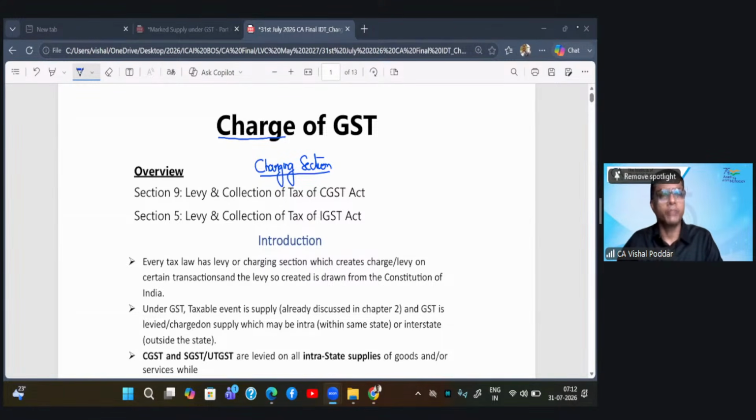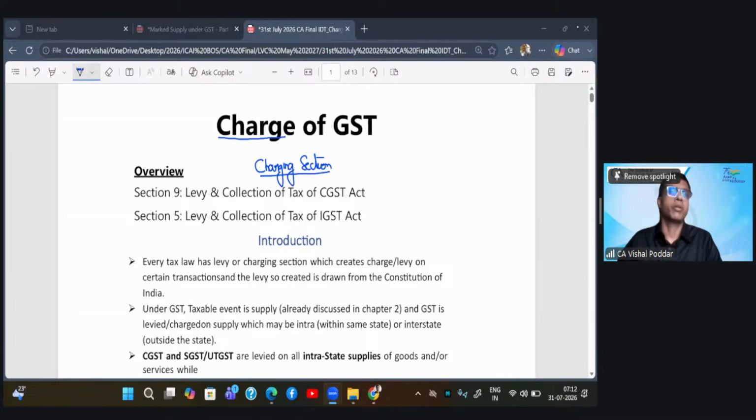So, though in the eyes of general law, an unincorporated body and its members are treated as one and the same, for the exclusive purpose of GST, they would be considered as distinct, as separate persons, and the transactions or activities between them will be deemed to be a supply.